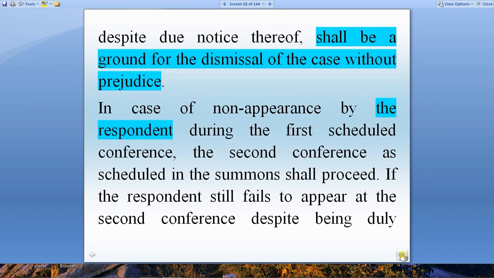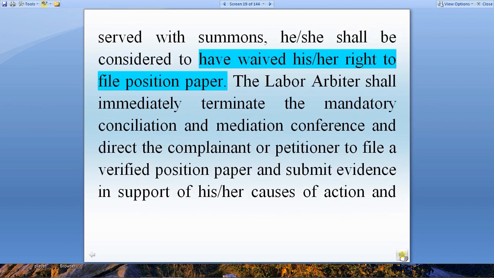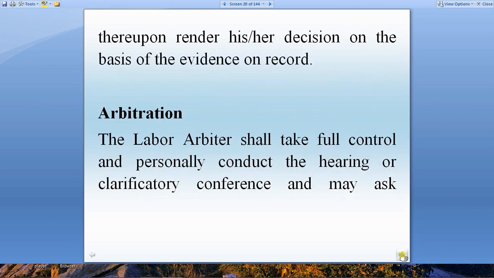If the respondent still fails to appear at the second conference, despite due notice and summons, he or she has waived his or her right to file a position paper. Now, the Labor Arbiter shall immediately terminate the mandatory conciliation and mediation conference and direct the complainant or petitioner to file a verified position paper and submit evidence in support of his or her causes of action, and thereupon render his or her decision on the basis of the evidence on record.